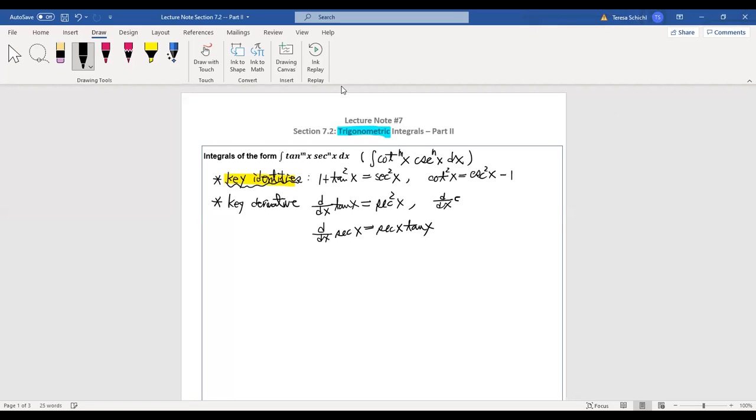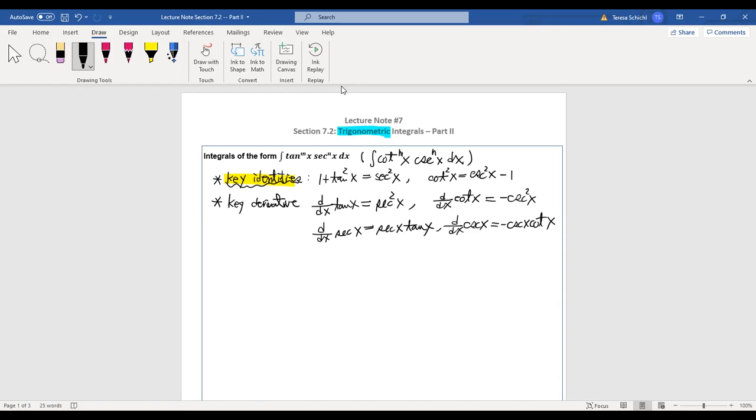If you take the derivative of cotangent x, it will give you negative cosecant squared x. If you take the derivative of cosecant x, it will give you negative cosecant x cotangent x. So the difference is one negative sign.